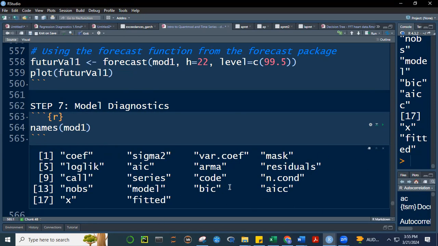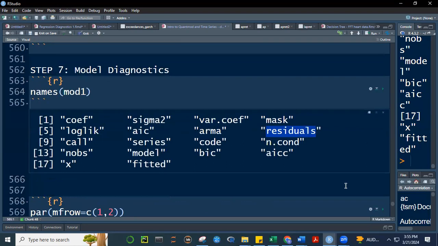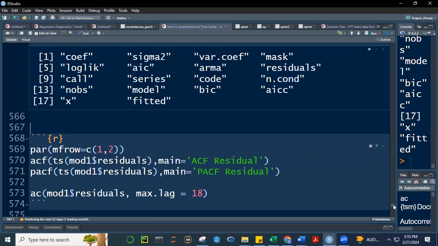Ang focus natin, class, titingnan natin yung residuals natin. Okay? Kasi di ba, dapat yung residuals natin, class, parang regression din ng AR, no? Ang ARIMA. So dapat yung residuals natin should not be heteroskedastic, no? Okay, so dapat yung autocorrelation ng mga residuals, there should be no autocorrelation.